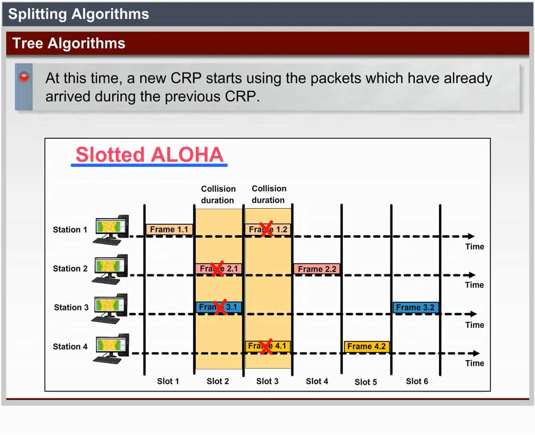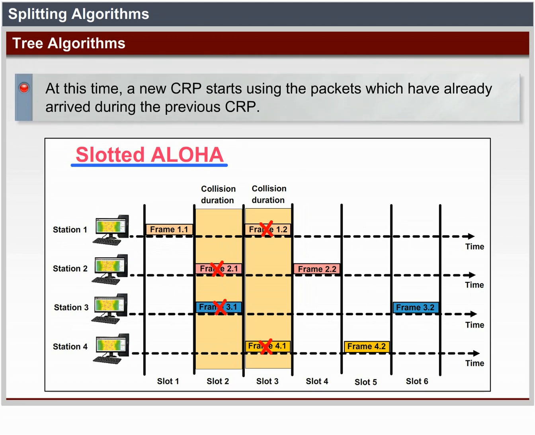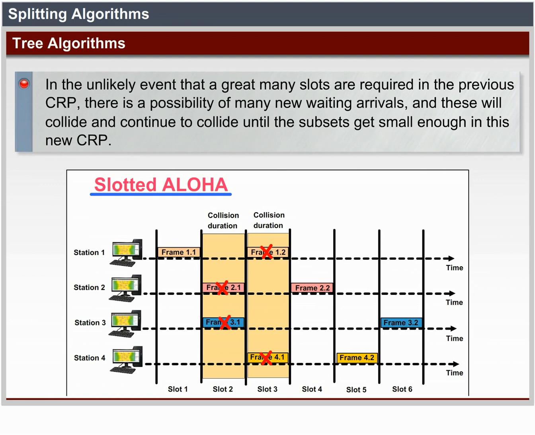At this time, a new CRP starts using the packets that arrived during the previous CRP. In the unlikely event that a great many slots are required in the previous CRP, there will be many new waiting arrivals, and these will collide and continue to collide until the subset gets small enough in this new CRP.